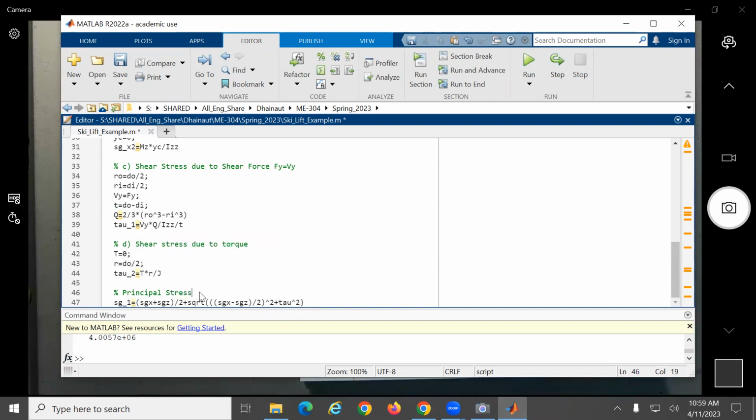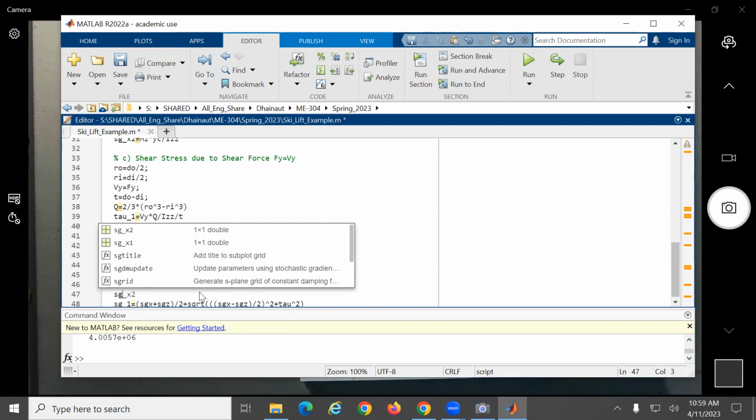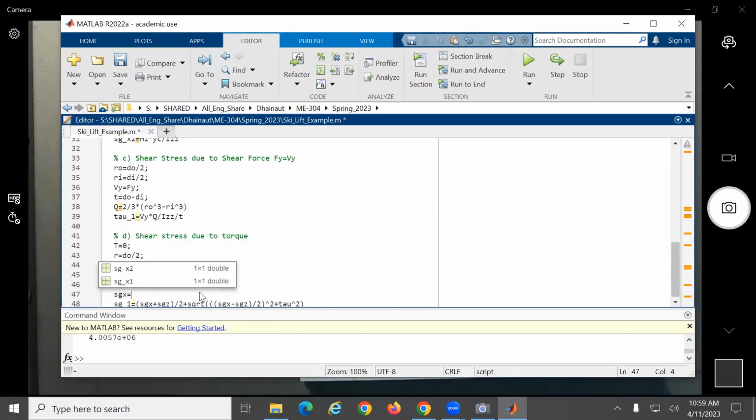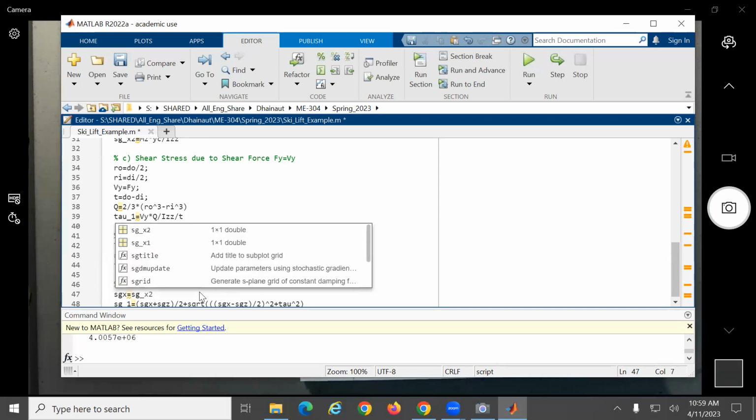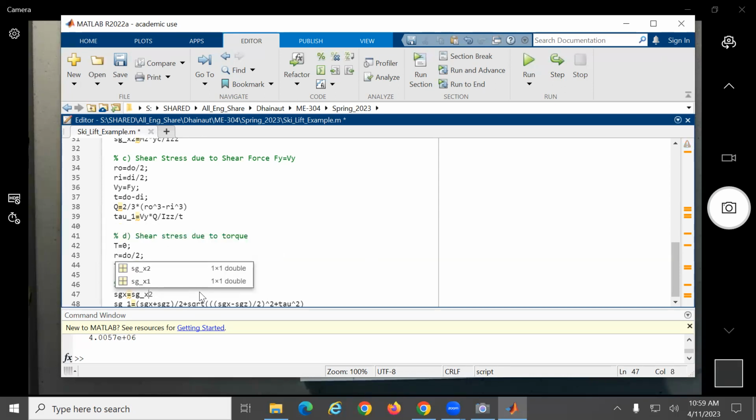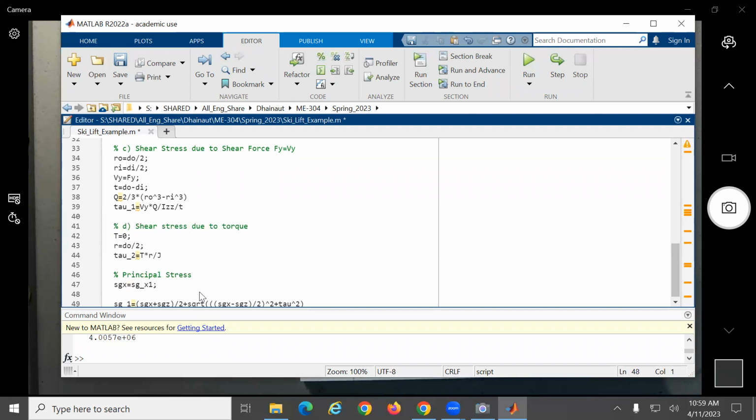Where in this case, we're gonna have SGX equal to what? SGX1 and tau equal to tau 1. Yeah, I forgot something here.